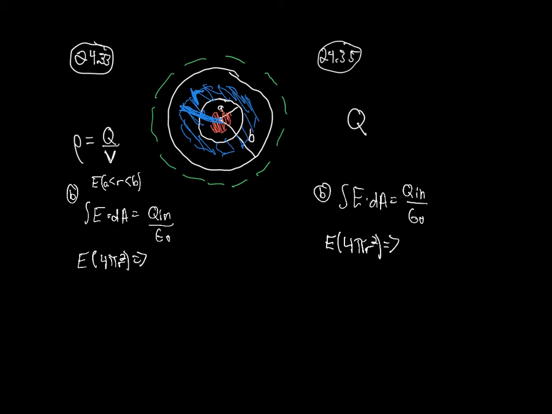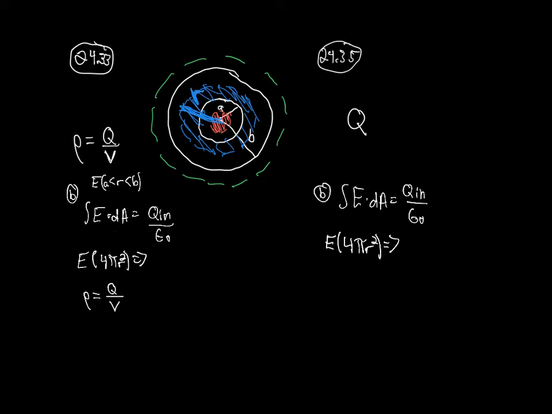Now the hard part becomes finding Q inside, the Q that is enclosed. In number 33, it's actually a little bit easier. I know rho is equal to Q divided by V. Rho is how the charge is spread evenly throughout this volume.